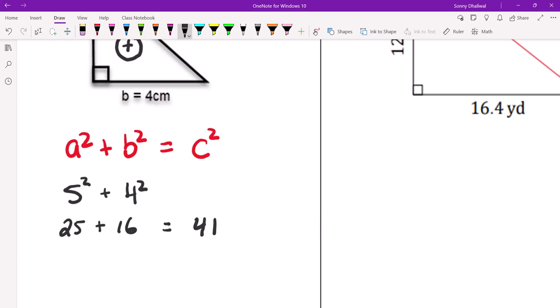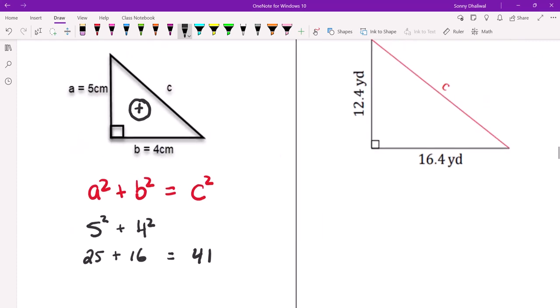This looks like the very first step of your calculations. That's why you wrote it all out, right? Now, here's the thing. Does this mean this missing side is 41? No. What's wrong, Chloe? It should be 5 plus 4. Oh, it's not 5 plus 4. You're on the right track. What did this give us?